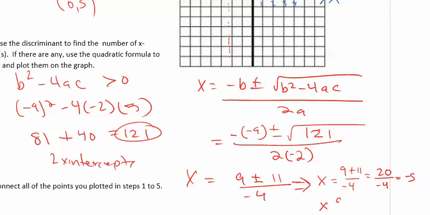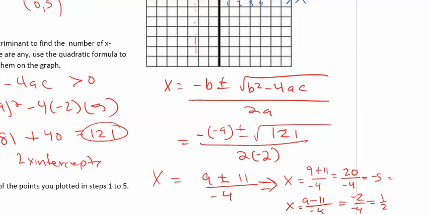And x would also be 9 minus 11 over -4, which would be -2 over -4. So 9 minus 11 is -2. And so that would give me +1/2. So my x-intercepts are going to be -5, 0 and 1/2, 0.